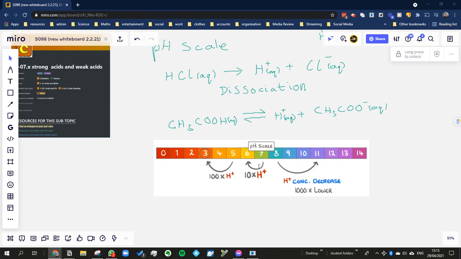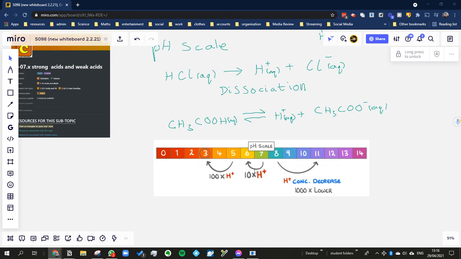When you go to A-level chemistry, this is connected with logarithmic calculations, but essentially we're using powers of 10 here. So as you go from 7 to 6, the concentration of protons is going to be 10 times as much. You can imagine 10 to the power of -7 and then 10 to the power of -6, but it's not as simple as that.